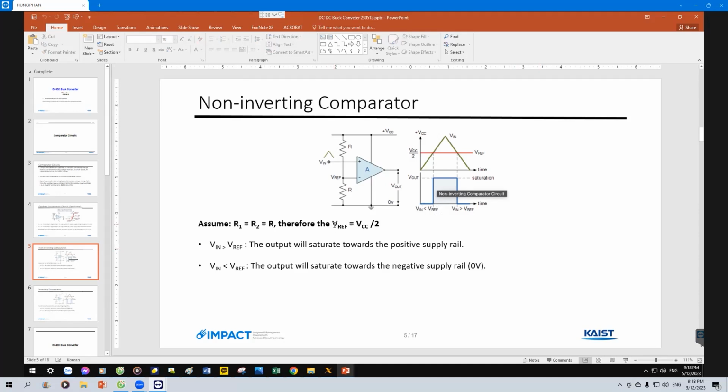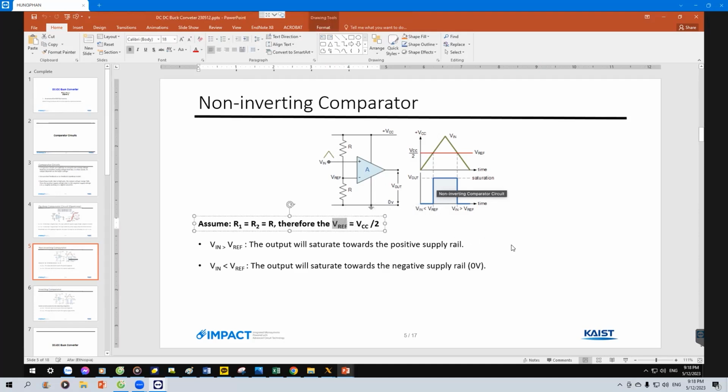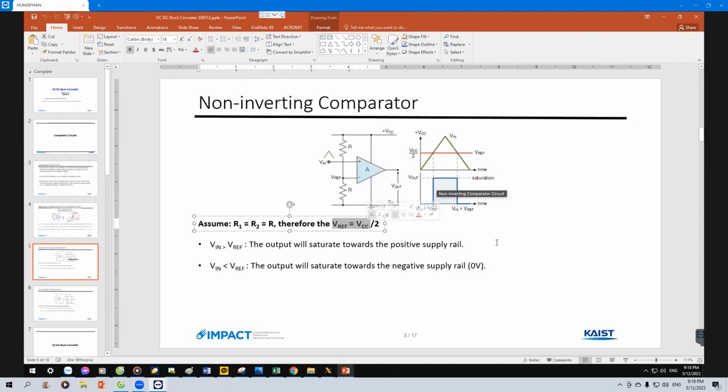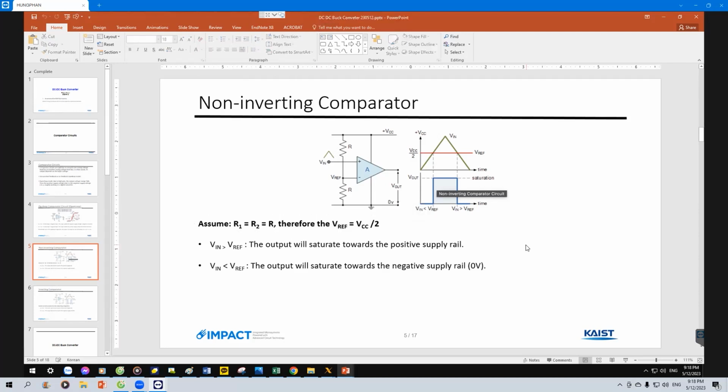It can be 1 millivolt or 1 microvolt. How much is the smallest VRAP? That I don't know. It depends on the OPAM you design, the MOSFET you design.